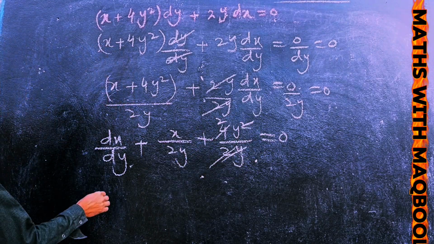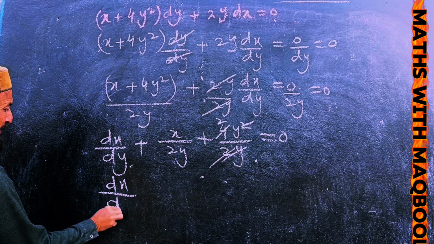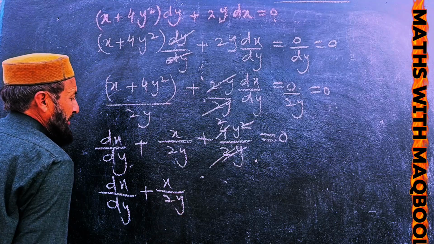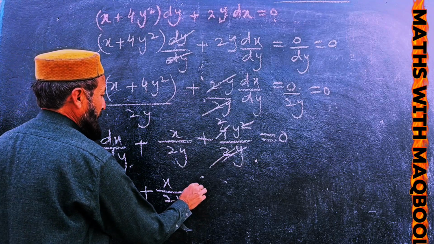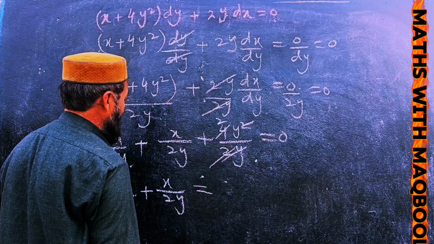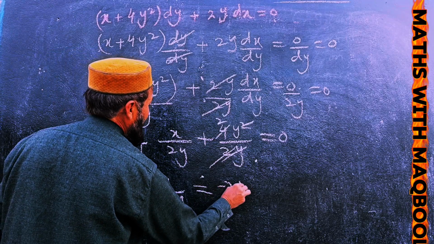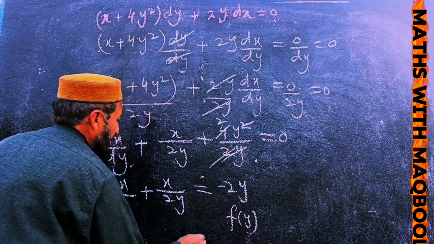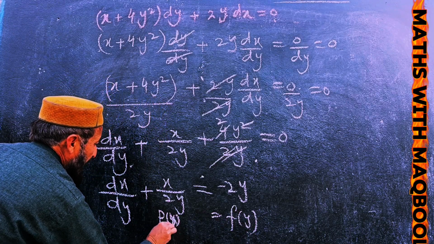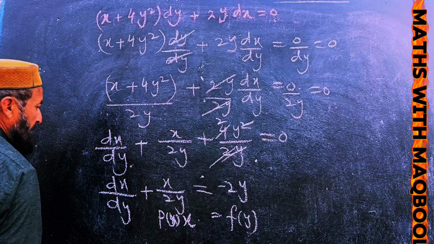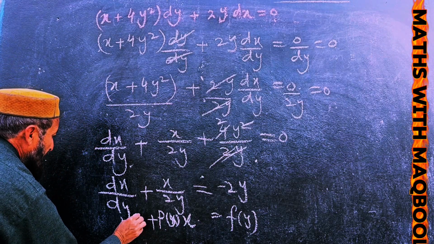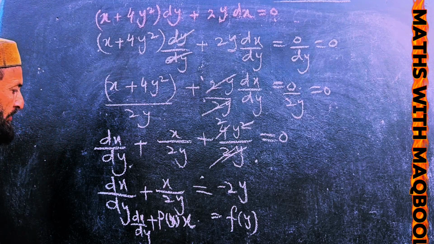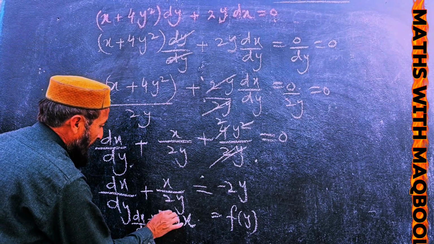So dx divided by dy plus x divided by 2y is equal to minus 2y. We consider this as f of y and this is equal to p of y, and x plus dx divided by dy. So the general form we make in this form, so this will be dy p of y.